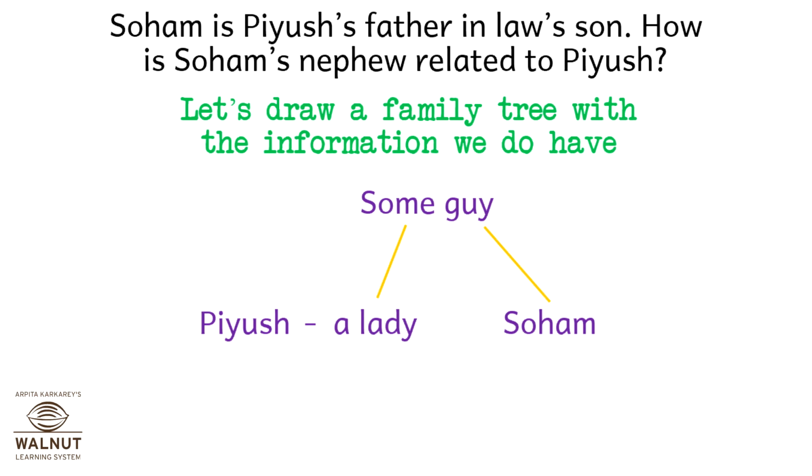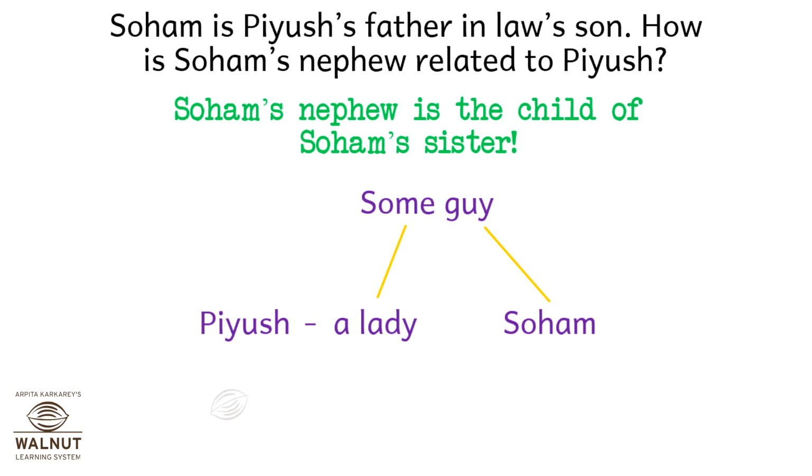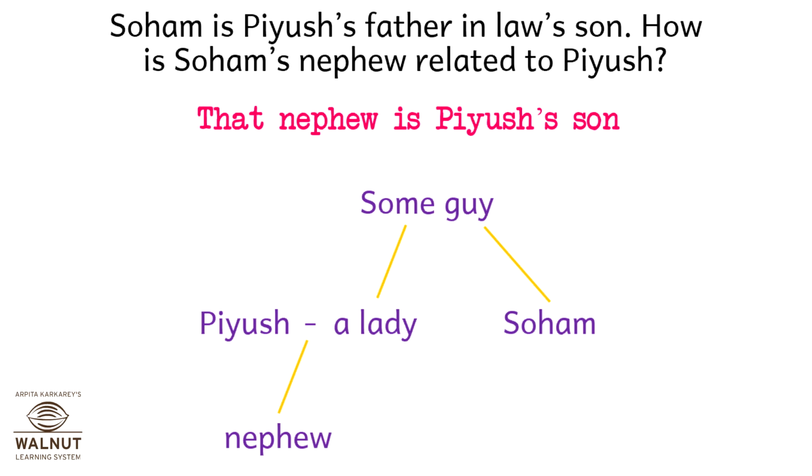So we write Soham below Piyush's father-in-law. Soham's nephew is the child of Soham's sister. So we write the nephew who is the son of Soham's sister. That nephew is Piyush's son. Got it? Great. Let's move on.